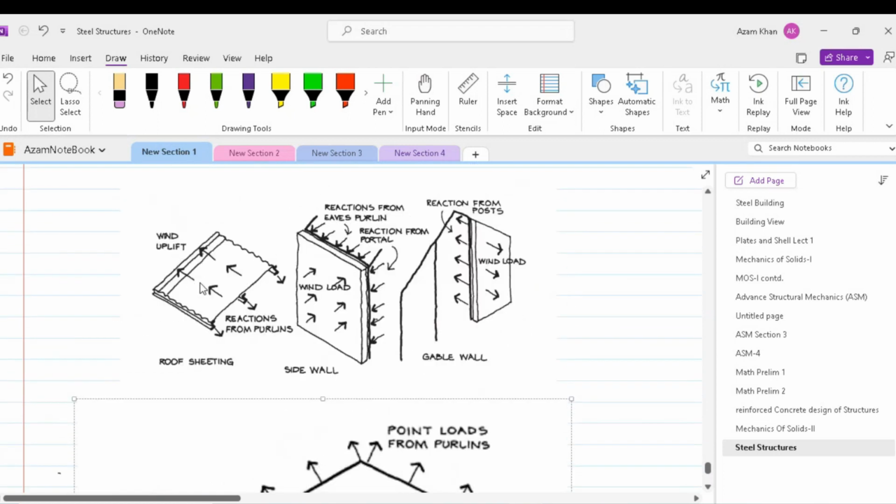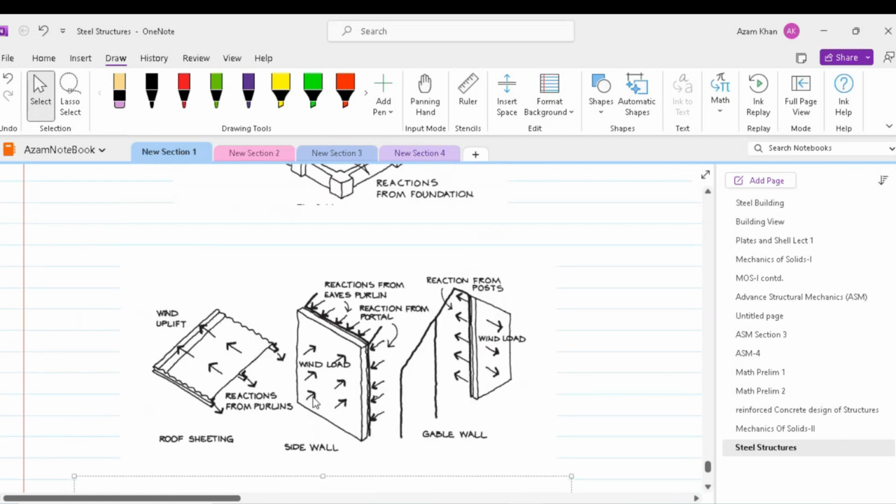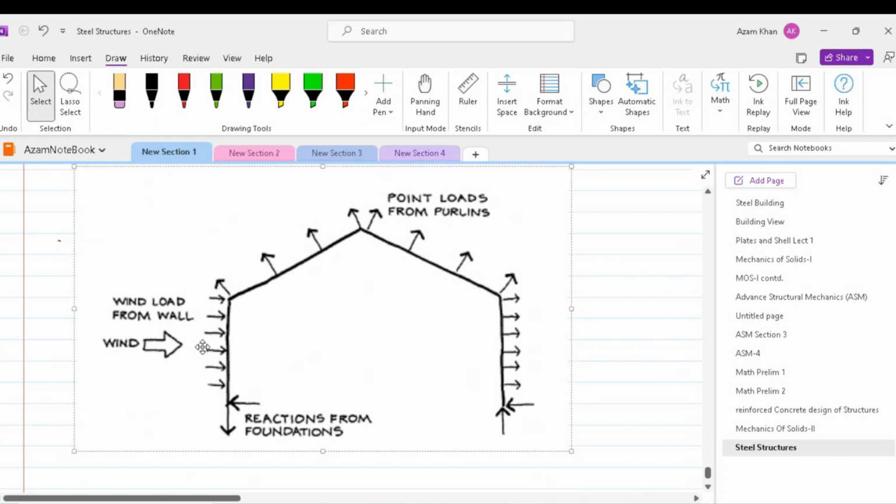In this figure, we have a suction load or wind uplift induced by the sheeting, and that load is shown with arrows pointing outwardly. Due to the side walls, we have reaction from the portals, and that load is shown in the direction of the wind load.